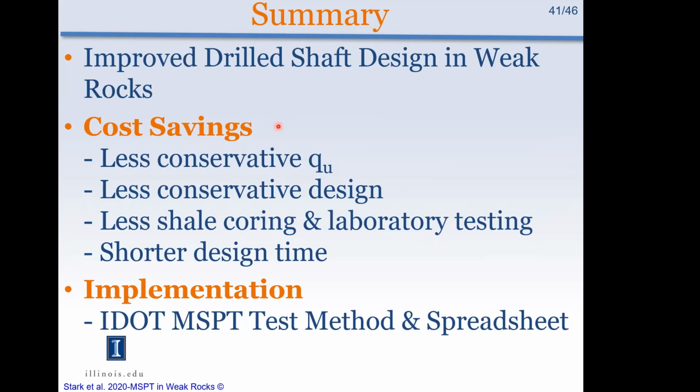In addition, there's less shale coring and less laboratory testing time required, and because of that, it reduces cost and time. That gives us a shorter design cycle for deep foundation type structures that IDOT is dealing with.